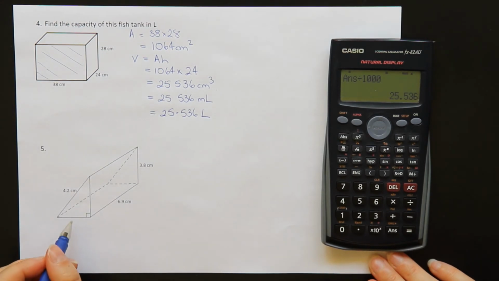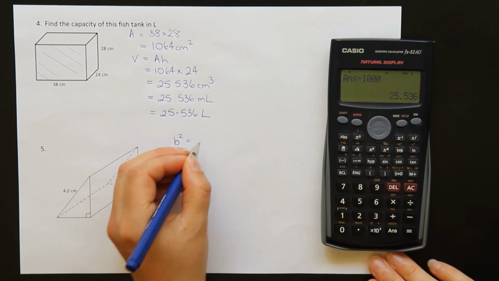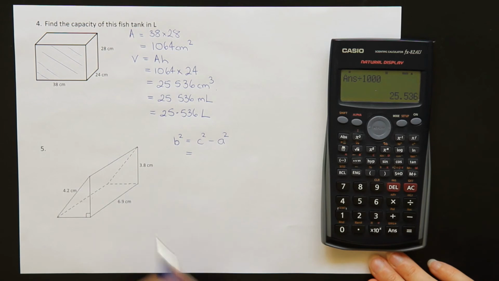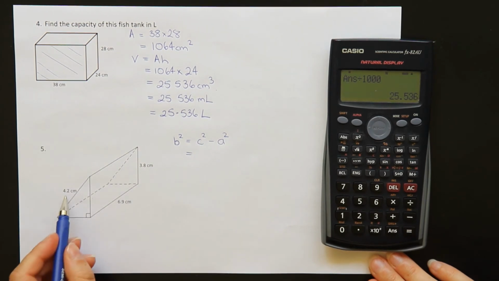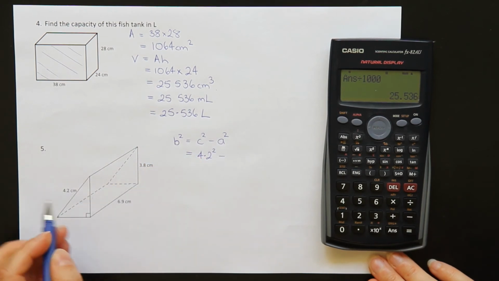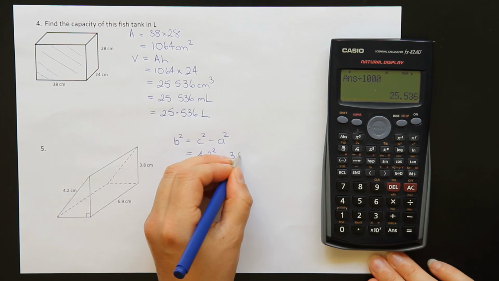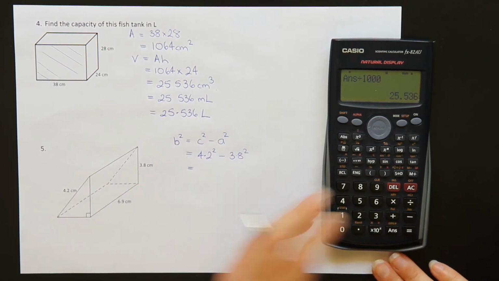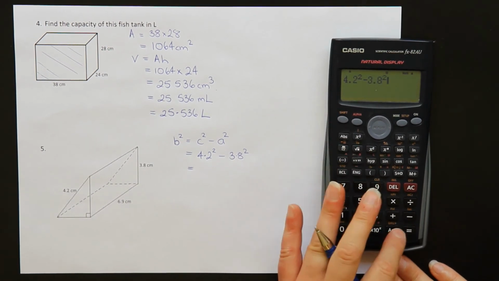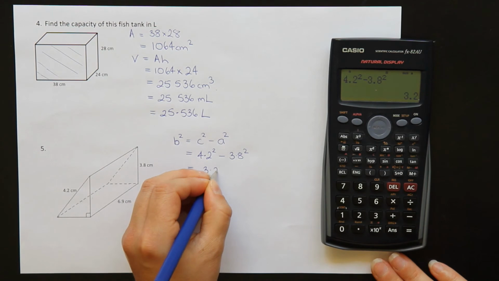So to find the shorter side using Pythagoras Theorem, we're going to use b squared equals c squared minus a squared, where we put the hypotenuse in here for c, so that's 4.2. Take away the other shorter side that we know, which is 3.8. Okay, if we calculate that, 4.2 squared minus 3.8 squared equals 3.2.